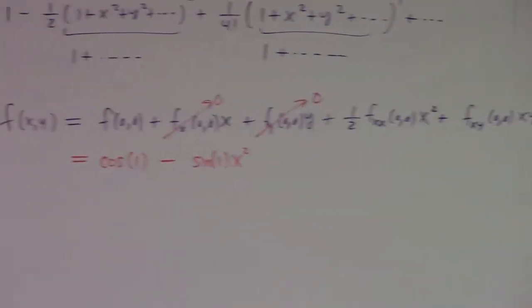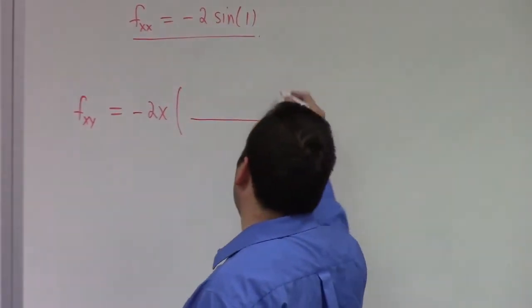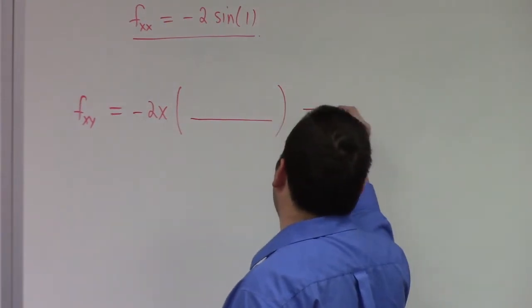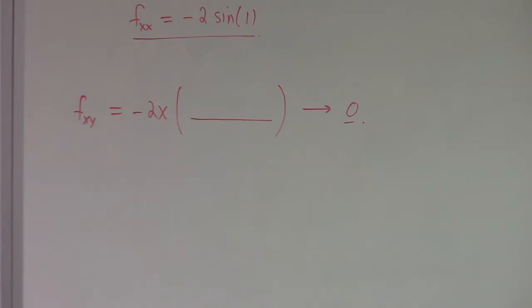So I get minus 2x, parentheses, stuff, right? So it goes to 0. Who cares? Don't calculate. You can factor out the 2x. When you differentiate with respect to y, it's outside. Why differentiate? You know at the end it's 0.